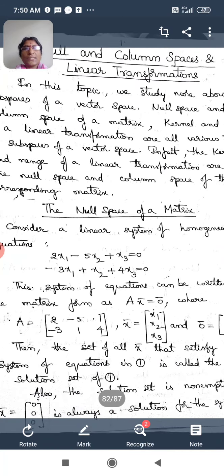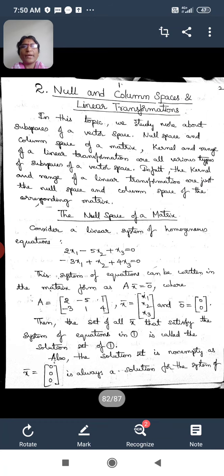Now this system of linear equations can be written simply in matrix form as Ax bar is equal to 0 bar, where A is the coefficient matrix. As I have taken only two equations, I should have a 2 by 3 matrix.